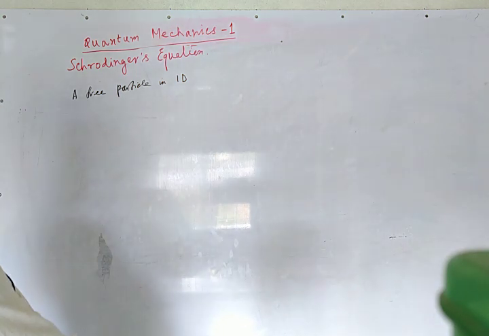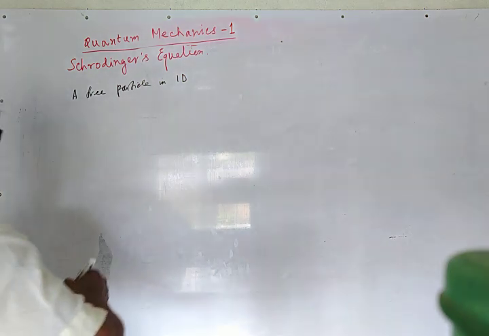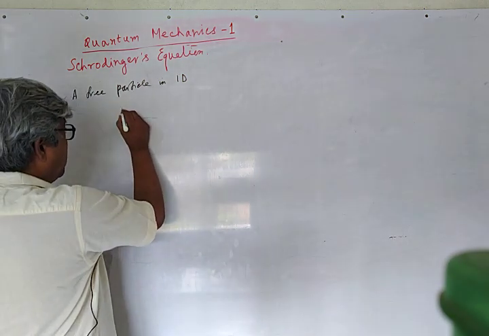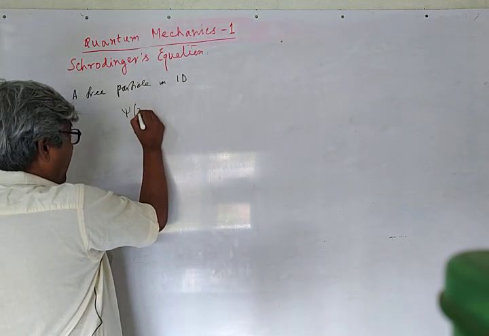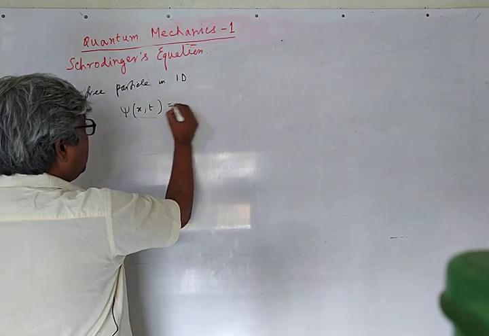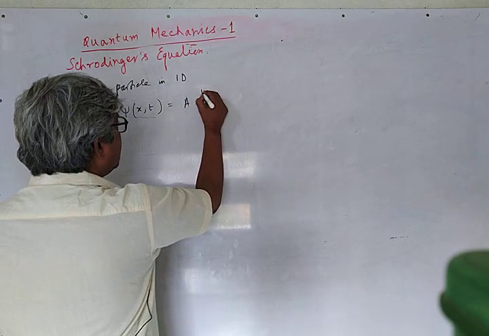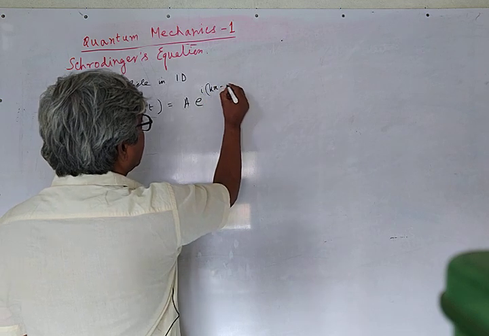That is, we must have a wave which doesn't have any attenuation in respect to space and time. The only wave that we know which is unattenuated in space and time is a function of this sort, the plane wave.